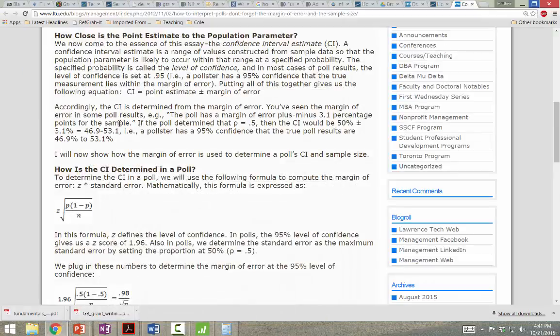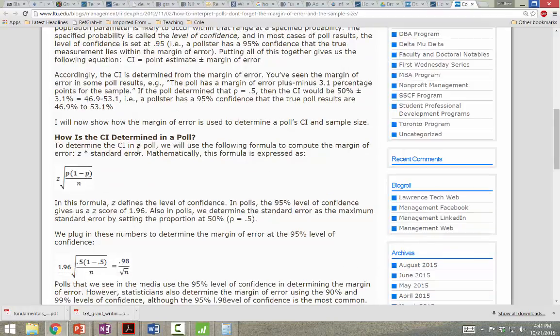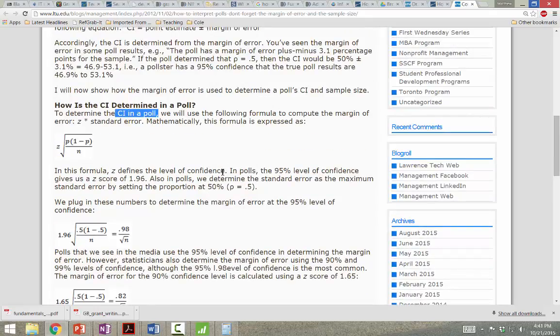All right, continuing back. Now, how is the confidence interval determined in a poll? I just showed you how to determine it for a mean. To a certain extent, we will take the standard deviation, we will divide it by the square root of n. In a poll, what we do is very simple.